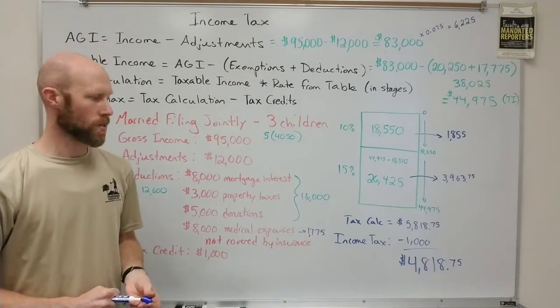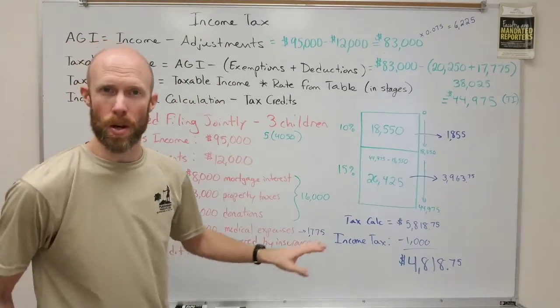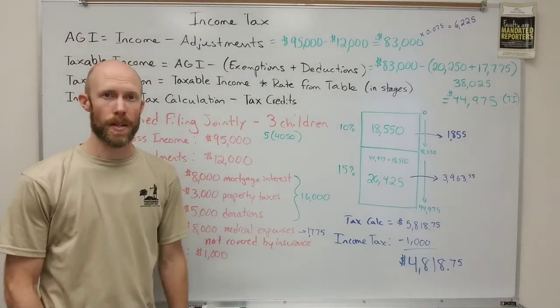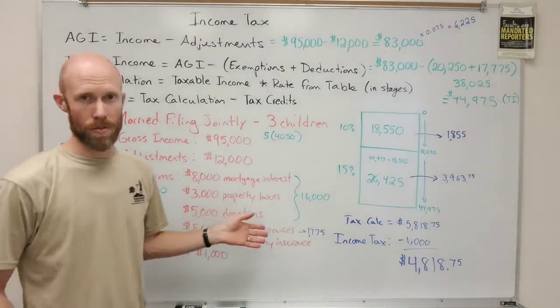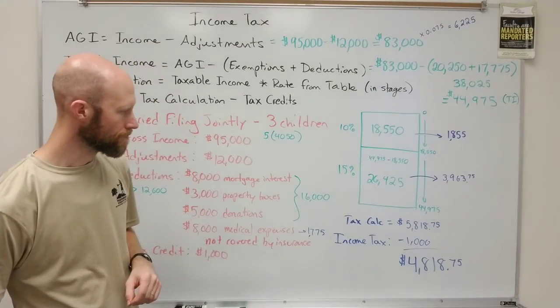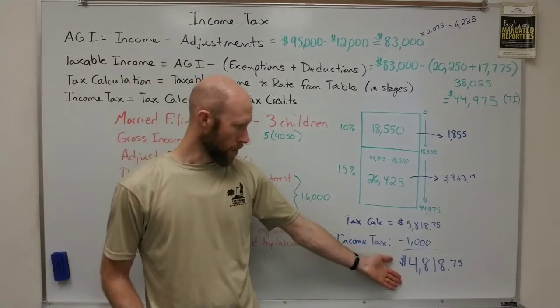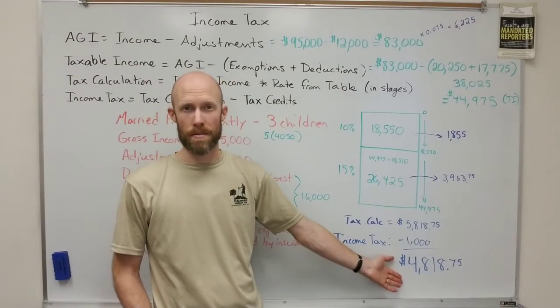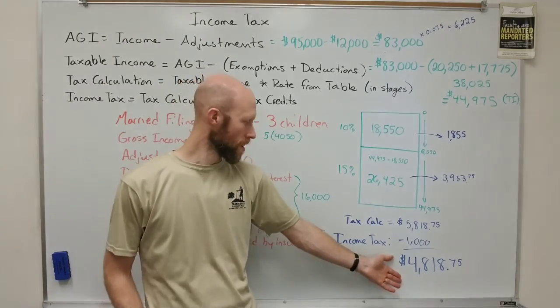Okay, so that's going to be the actual value of the income tax that this family owes at the end of the year. Now again, what's interesting here is that throughout the course of the year they've been having tax taken out of their paychecks, and if the amount that was taken out of their paychecks surpasses this amount, then they get a refund, which is really nice when that happens.